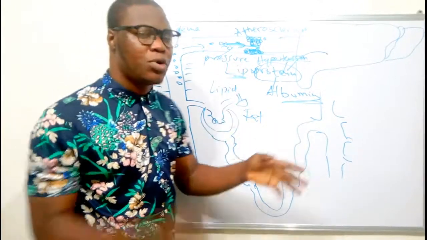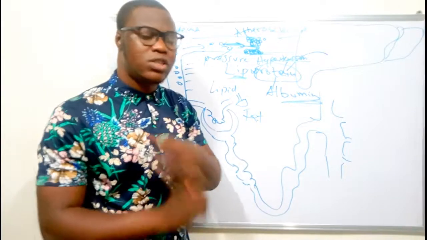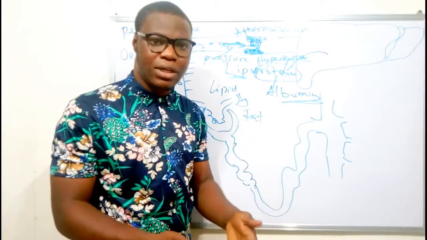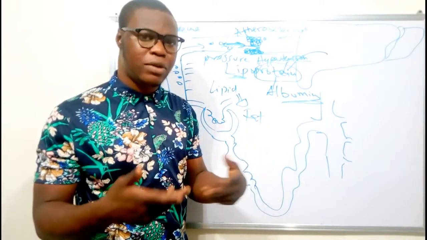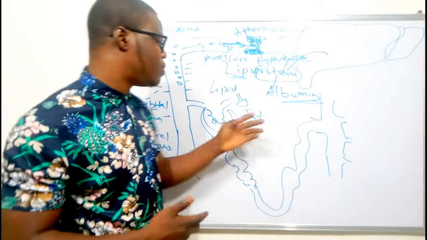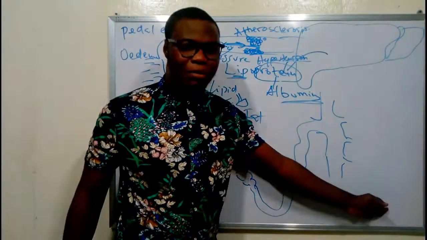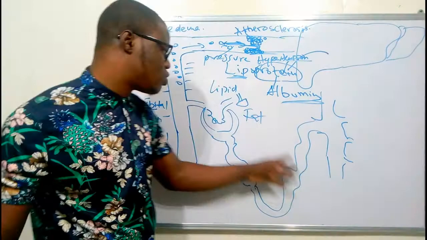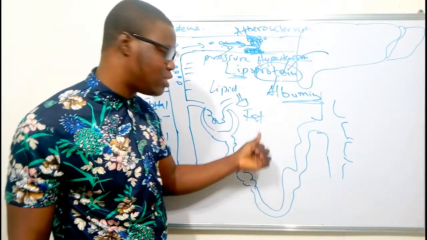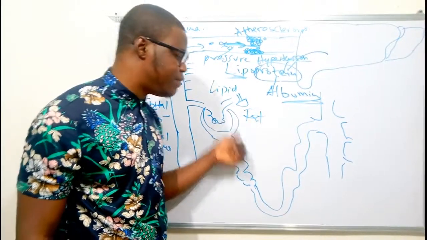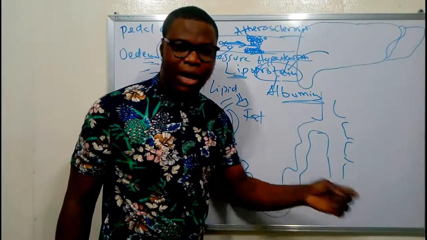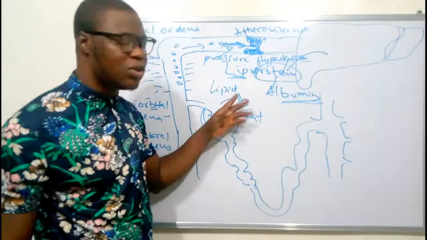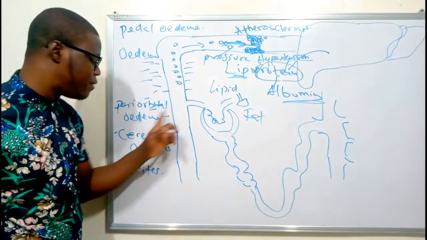Now, a quick recap. We said the person is going to be urinating albumin, and that is going to cause hyperalbuminuria. With the large amount of albumin in urine, the person is going to have hypoalbuminemia, that is low albumin in blood, because albumin is leaving the blood to form urine. After that, low albumin is going to result in edema of different body parts.